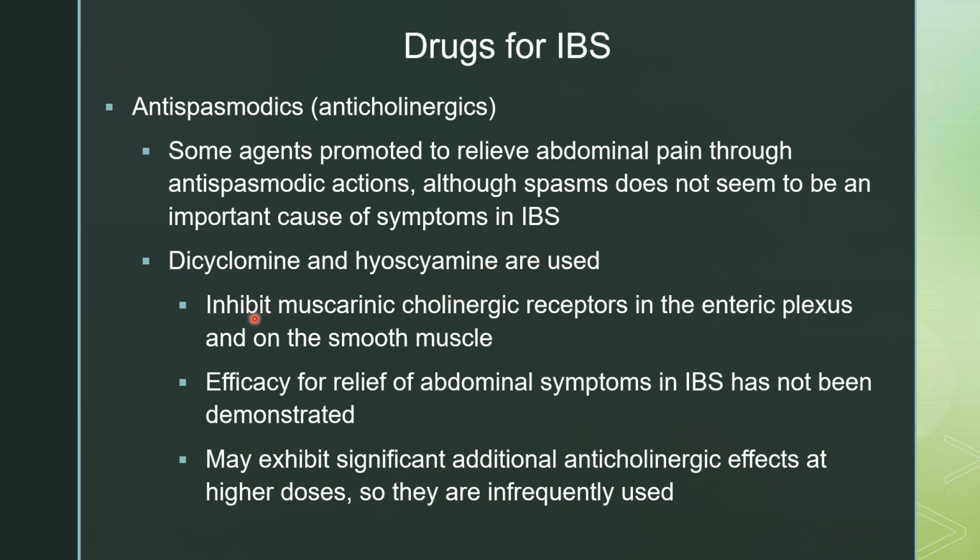These drugs inhibit muscarinic cholinergic receptors in the enteric plexus and on the smooth muscles. So there may be efficacy for relief of abdominal symptoms in IBS, but this is not demonstrated. Rather, they may exhibit significant additional anticholinergic effect at higher doses. Thus, they are infrequently used.